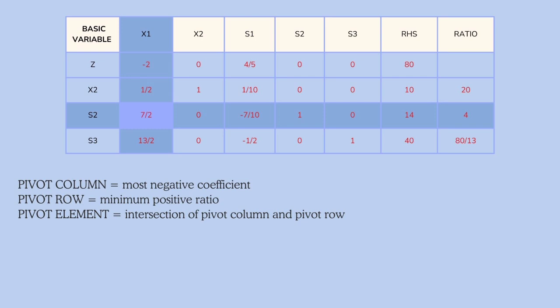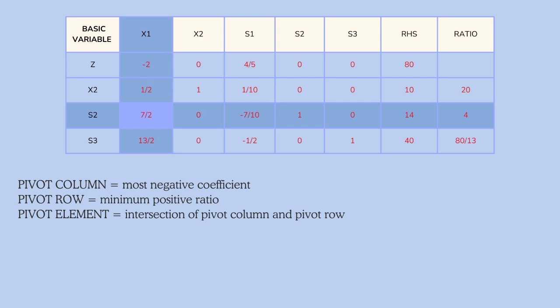Then, ang pivot row naman natin is, para makuha is, right hand side divided by yung pivot column na napili natin, which is yung x sub 1. So, 10 divided by 1 over 2 is 20.